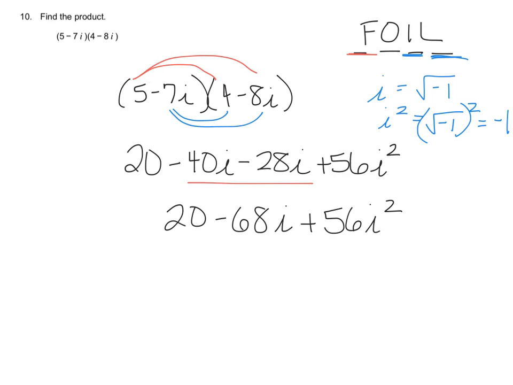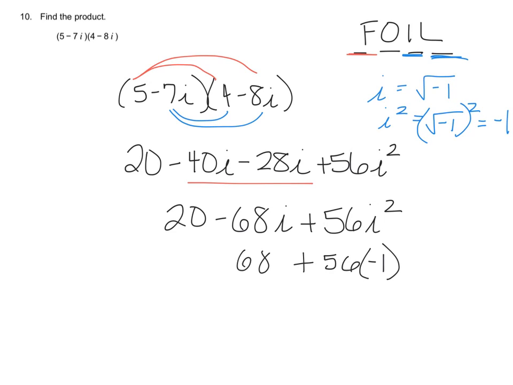That's because the exponent of 2 undoes the square root. So I can rewrite the i squared as negative 1 in this term. So instead of 56i squared, I have 56 times negative 1.